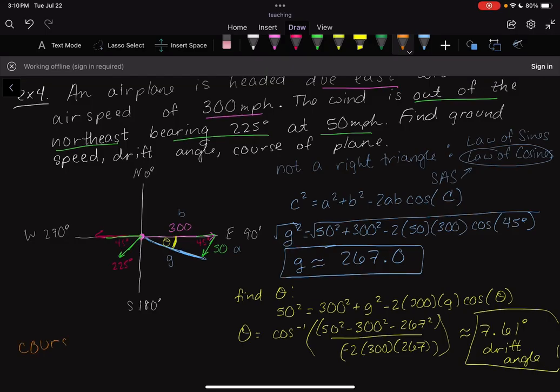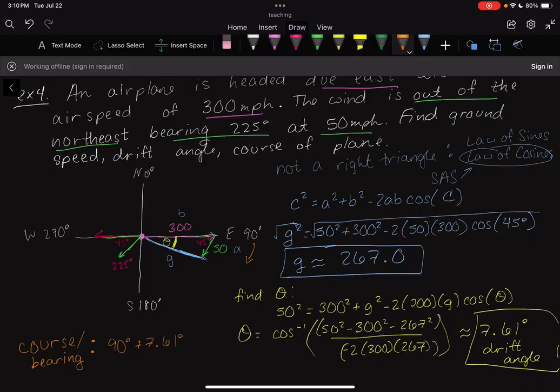Lastly, for the course or the bearing of the plane, I got to decide where the plane was trying to go. So it was trying to go 90 degrees. And then it's getting pushed downwards by 7.61 degrees. So are we going clockwise or counterclockwise? We're going clockwise, so we're going to add our drift angle.